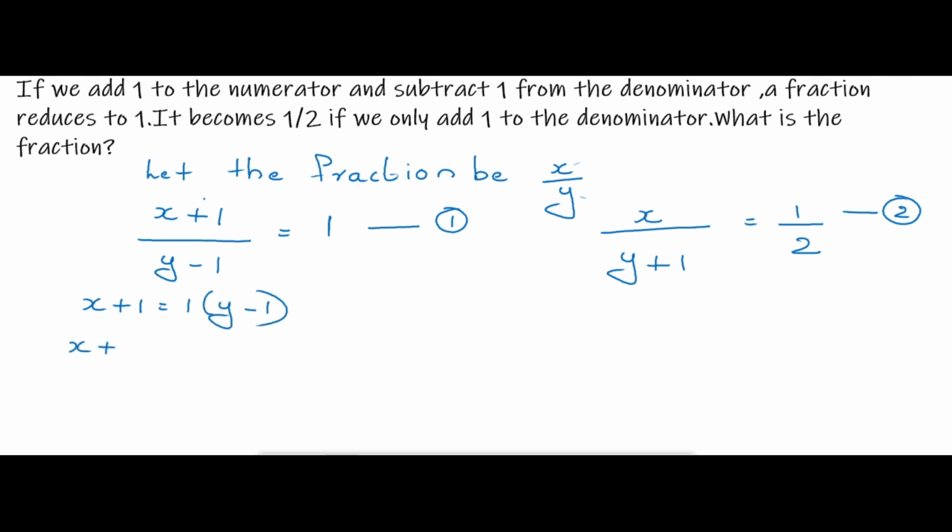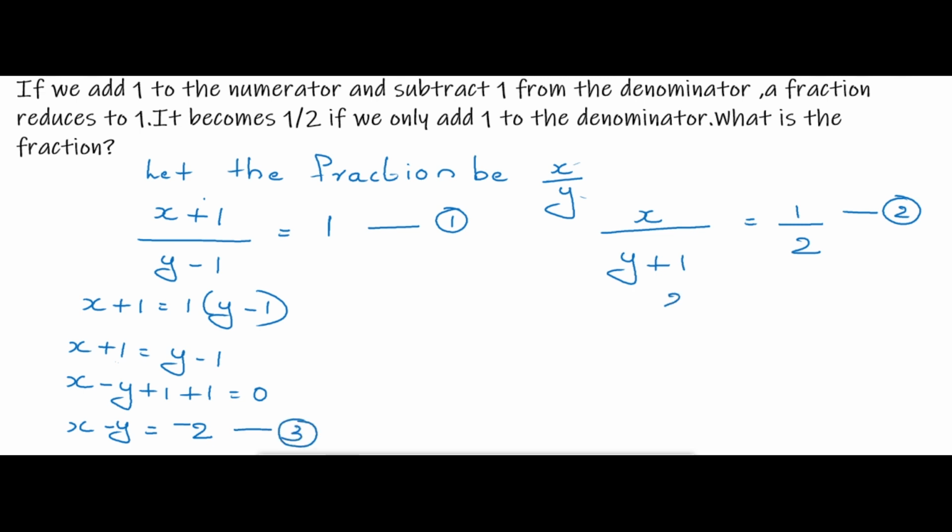So, x plus 1 equal to y minus 1. x minus y plus 1 plus 1 is equal to 0. x minus y equal to plus 2, that 2 coming to this side becomes minus 2. So, x minus y equal to minus 2. Name it as equation number 3.